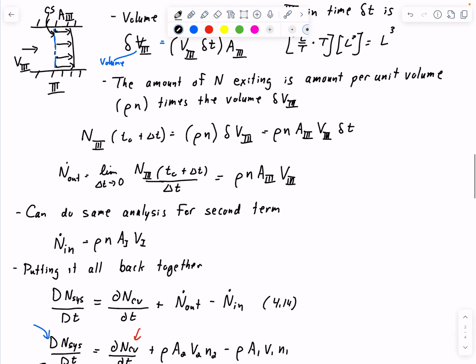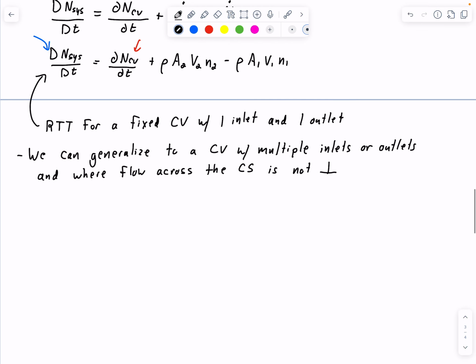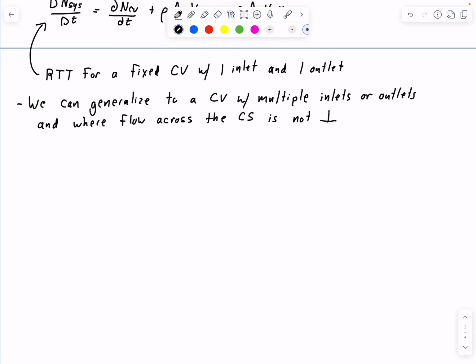But that may not always be the case. And so we're going to extend our previous result to take into account a case where the flow is not going to be perpendicular across that surface. So I'm going to draw a control volume or a control surface here, sort of in 3D.